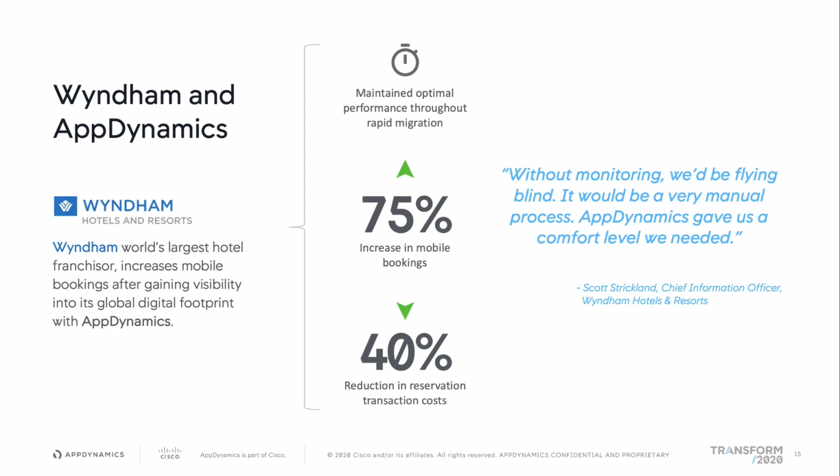And as Scott Strickland, CIO of Wyndham, said, without monitoring, we would be flying blind. It would be very much manual process. AppDynamics gave us a comfort level we needed during the cloud migration.